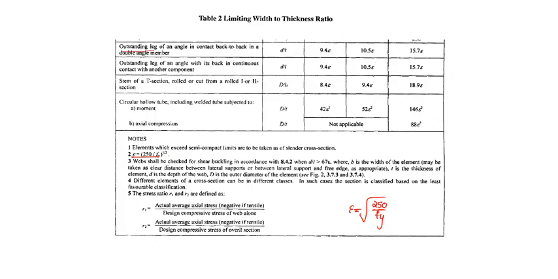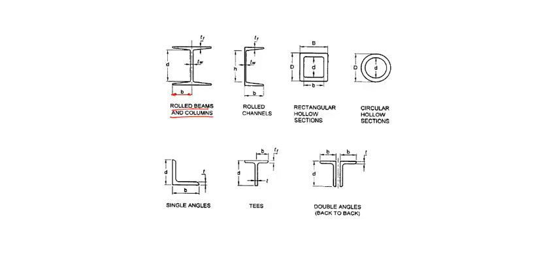It is also given for outstanding leg of an angle in contact back to back in a double angle section, outstanding leg of an angle with its back in continuous contact with another component, stem of a T section rolled or cut from a rolled I or H section, and circular hollow tube including welded tube subjected to moment and axial compression, each one based on the width to thickness ratio.